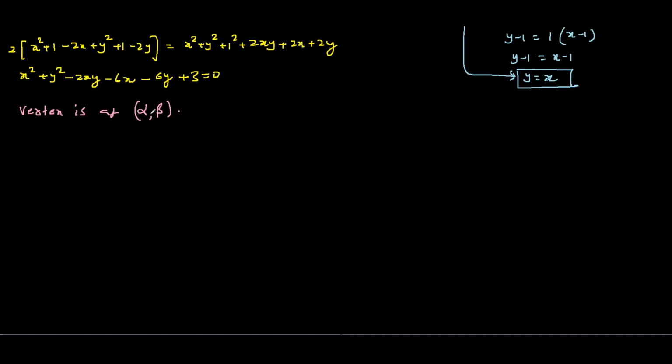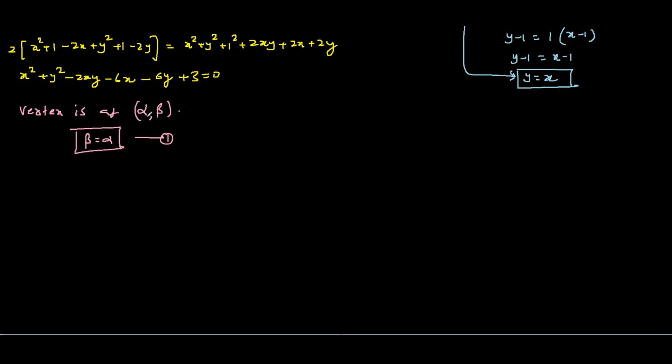The vertex is lying on the parabola, which means alpha, beta should satisfy the equation of the parabola, and the vertex is also lying on the principal axis. It means alpha and beta will satisfy the relation y = x. So substituting, this gives beta = alpha. This is the first relation.